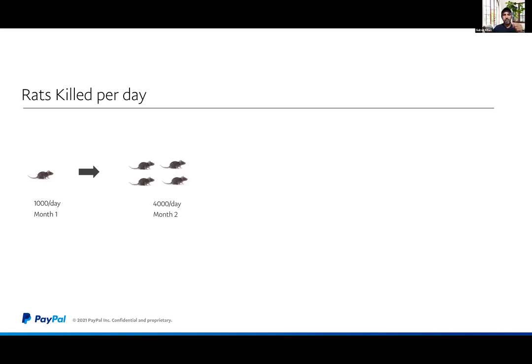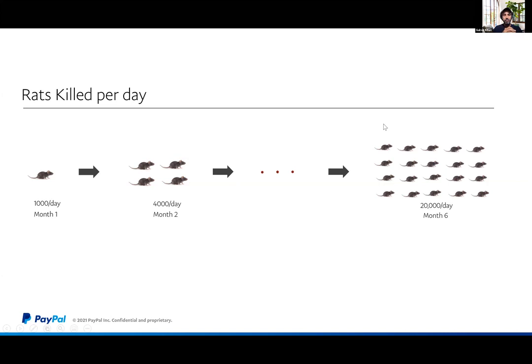And after 6 months, around 20,000 rats per day. Looking at this metric, you would think the problem should have been resolved, or at least close to a resolution. But the fact was, they barely made a dent in the original problem.